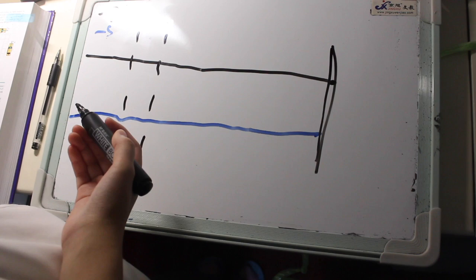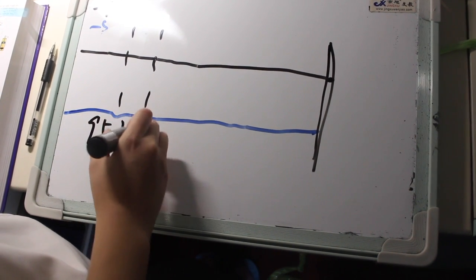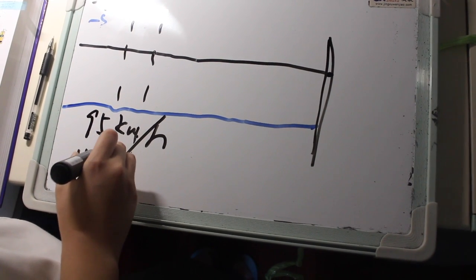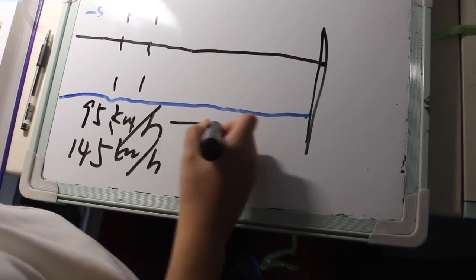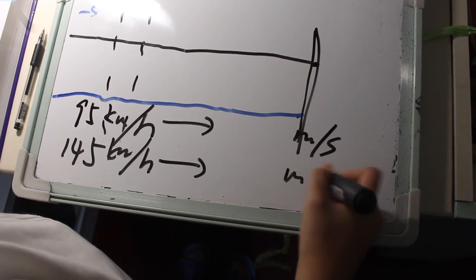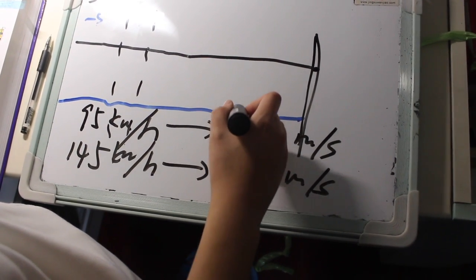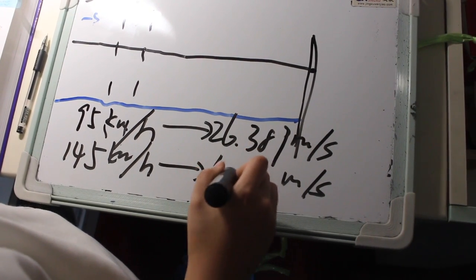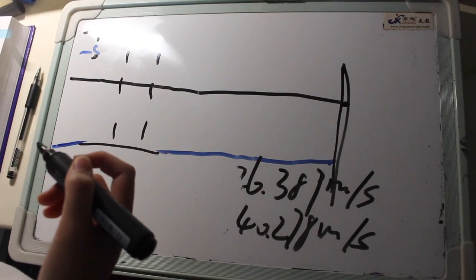To convert units, we have 95 km per hour and 145 km per hour. We should convert them to meters per second. And the result is 26.389 and 40.278 meters per second.